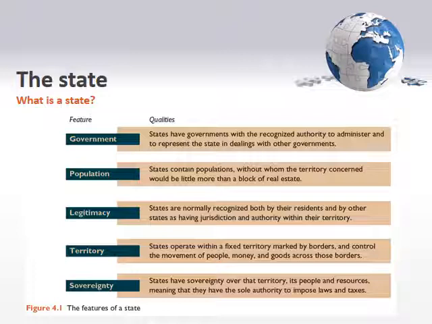They're recognized by their residents and other states as having authority within their territory. Again, states have a fixed territory. They're marked by borders and control of the movement of people, money, and goods. And states have sovereignty over the territory. That means that they're the sole authority to impose laws and taxes. Nobody's wondering, okay, who's really in charge?